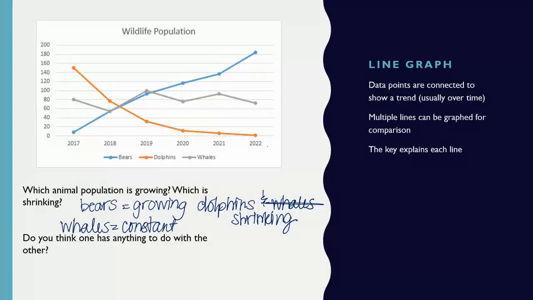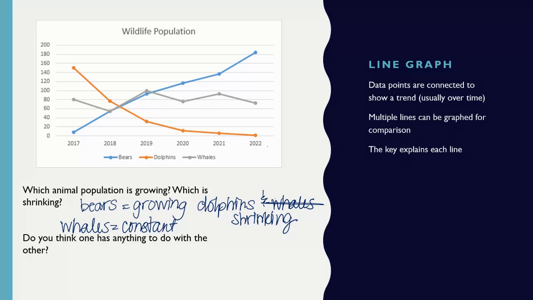Maybe it's completely unrelated. Maybe this has to do with pollution in the oceans, and dolphins, who tend to live closer to the shoreline, interact more with that pollution, and it's causing their population to die off. Whereas whales that are out in the deep ocean aren't impacted as much by pollution, and bears that live in the forest are actually not impacted by sea pollution at all.